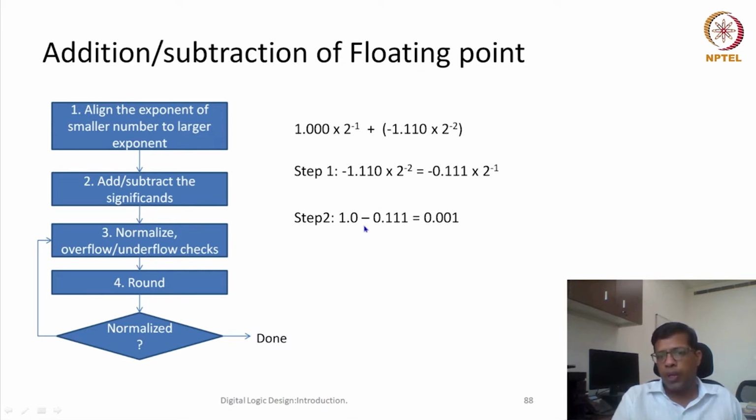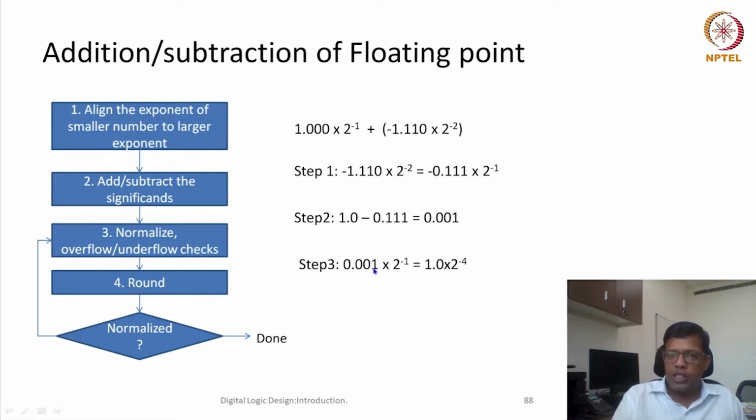Here we also know intuitively that 1.0 minus 0.111 will be 0.001. Okay, so in the third step we will check whether it is underflow or overflow. Of course it is neither underflow nor overflow, so we will go ahead and normalize.